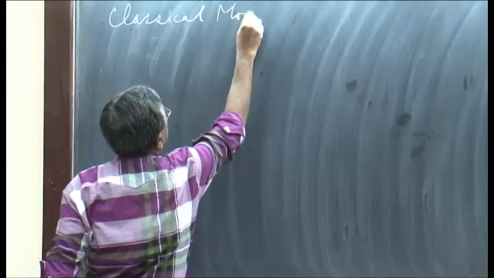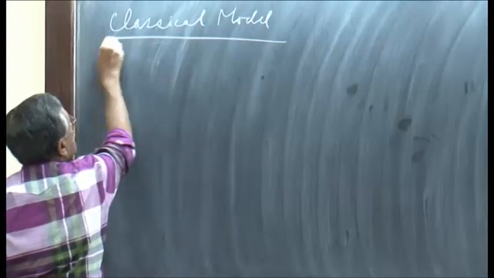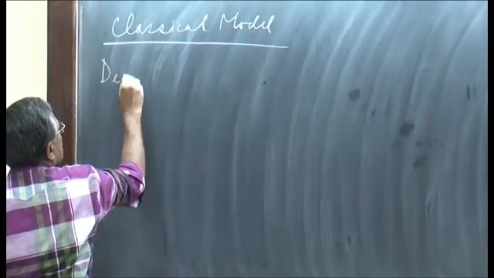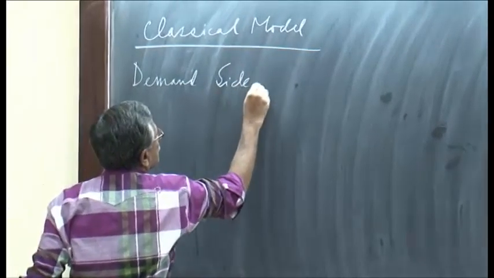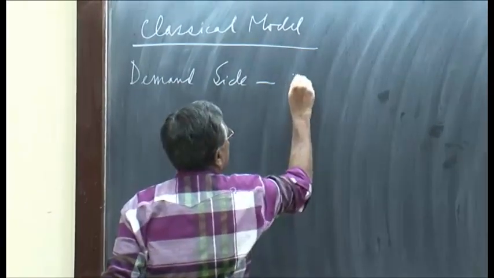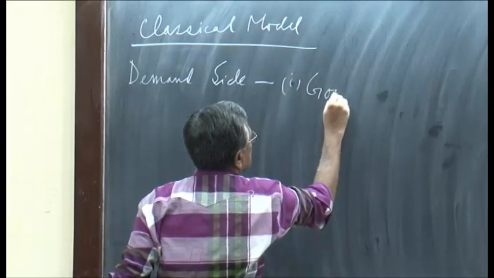All right. So in the classical model, I am first going to model the demand side, and I am going to model the goods market.